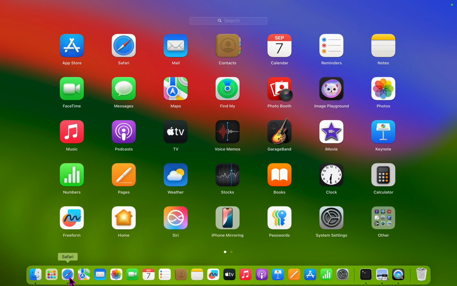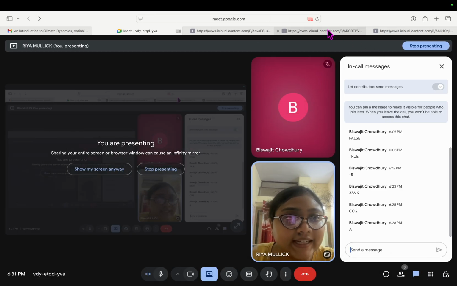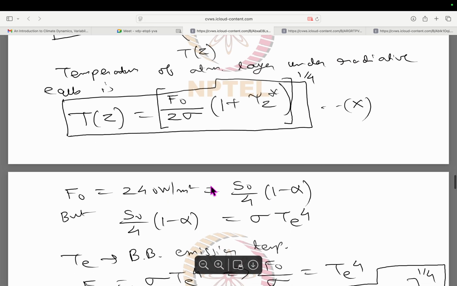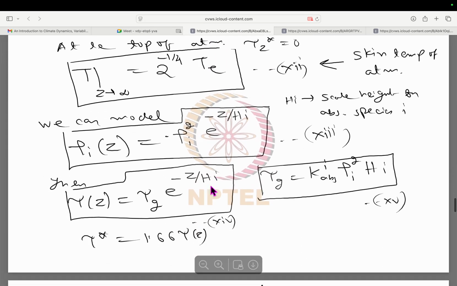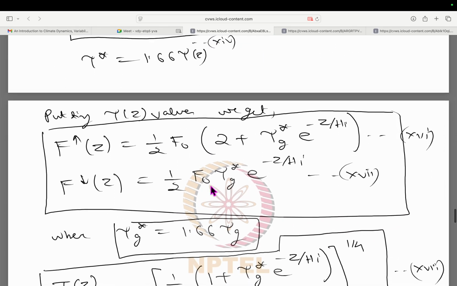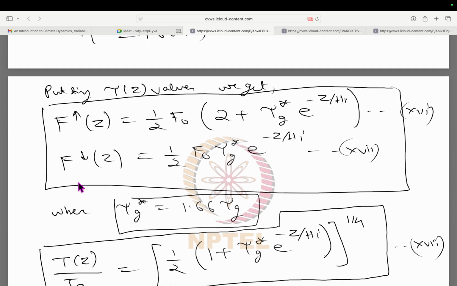I guess this question is directly from the week 6 content, where they have put that the net upward flux is a function of tau g, F0, z, the net upward flux at the z position.